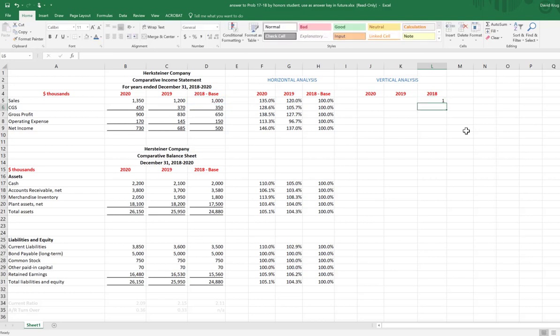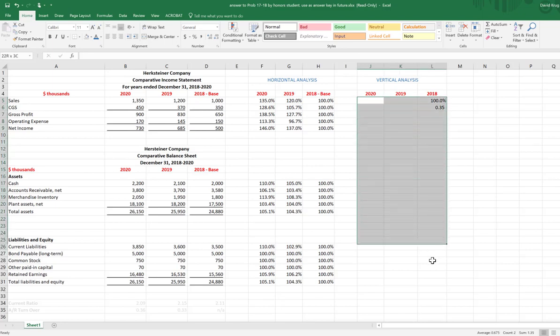Boom, that's 1. I want to change that to percent. I want to add a decimal. So then I would take this divided by total sales. That should be 35%.